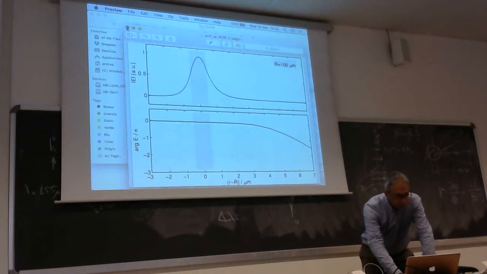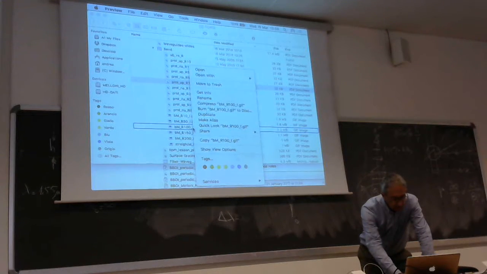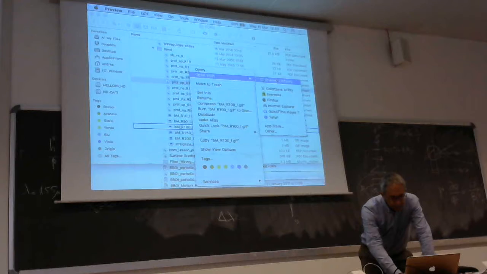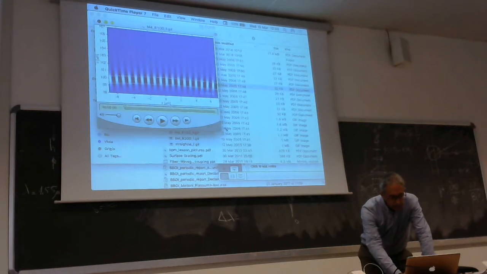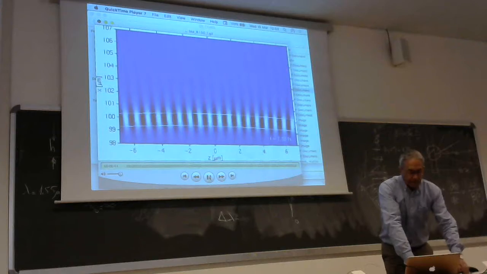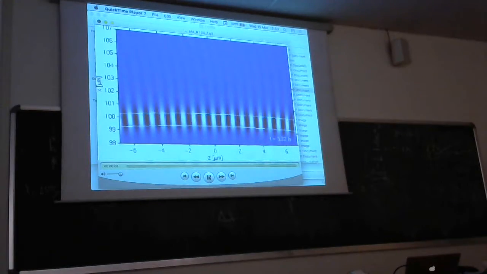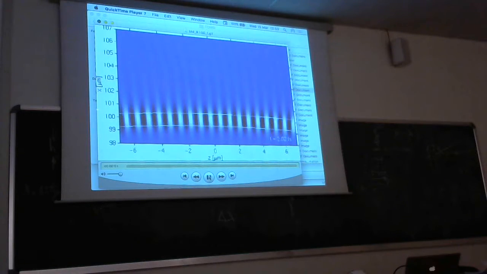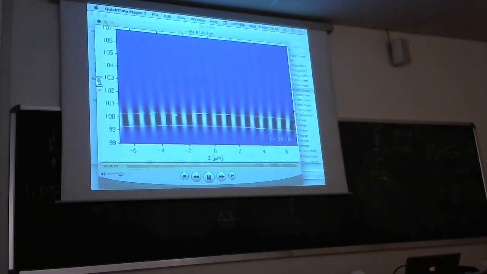So if we have a look at the 100 micron bend, you see here that most of the light stays in the waveguide and follows the bend.